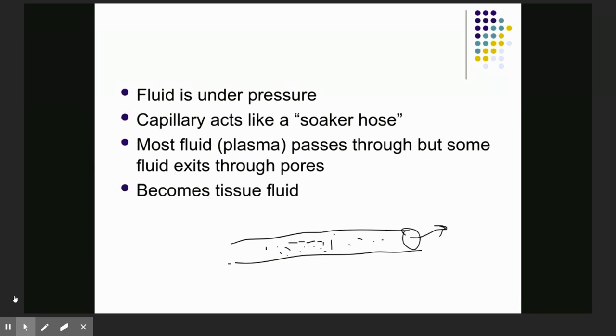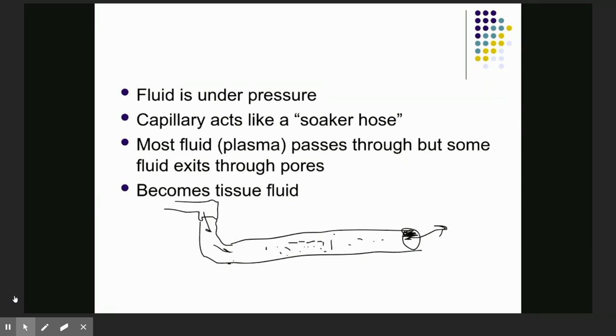But think about what would happen if I took and plugged up this hole. So I'm going to plug it up that much. Well, look, our soaker hose, the water's still coming in here from the faucet. The water's still coming in, but now not quite as much can get out.